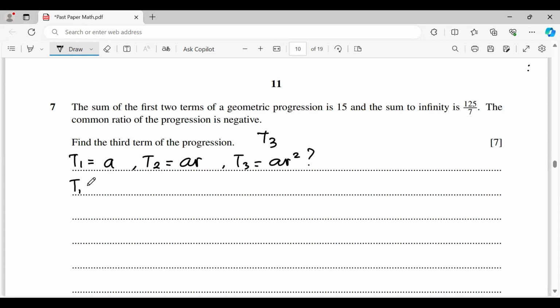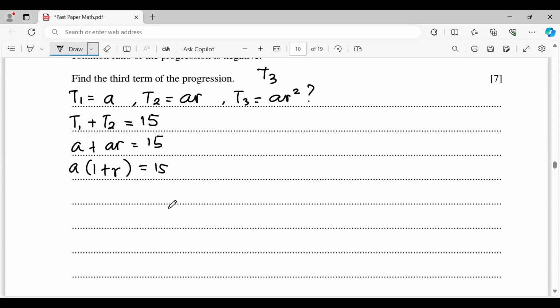So T1 plus T2 equals 15 based on this information. So it means A plus AR equals 15, or A times 1 plus R equals 15. So A equals 15 over 1 plus R.